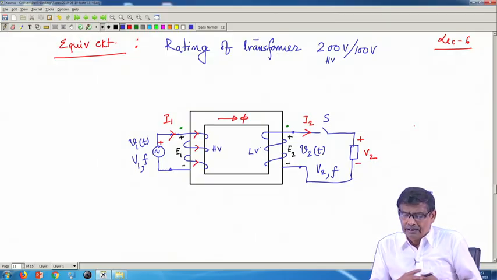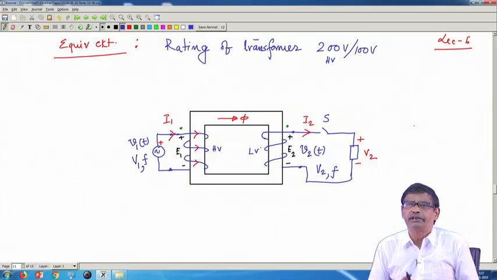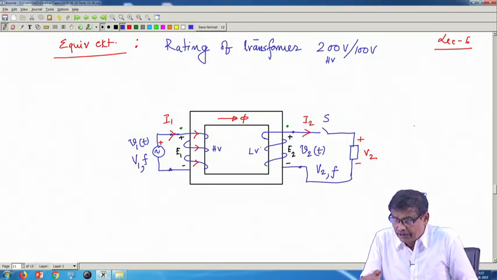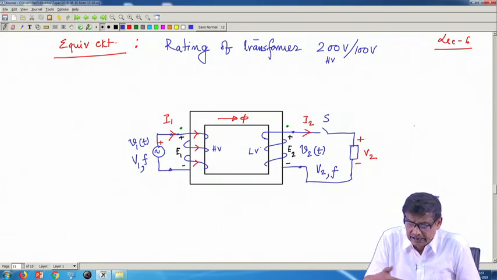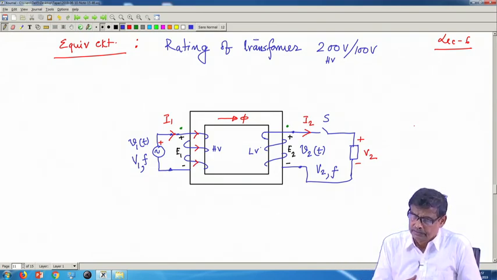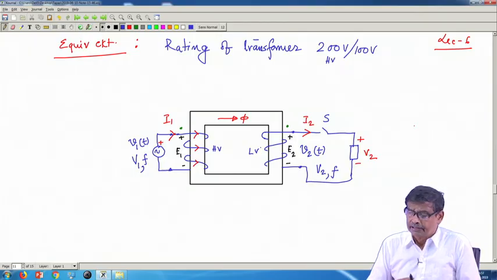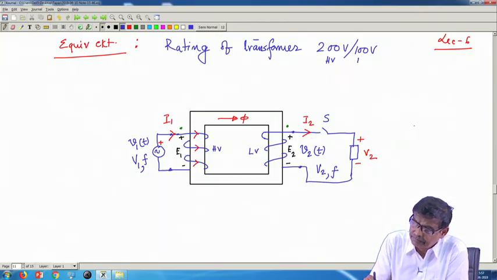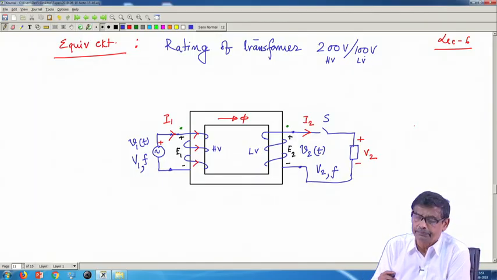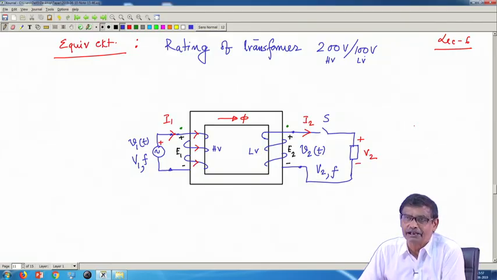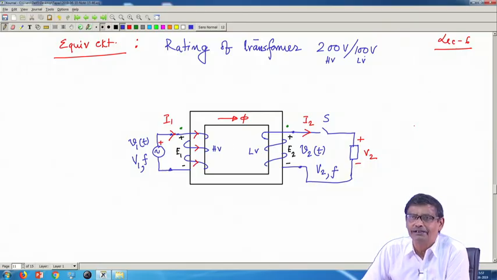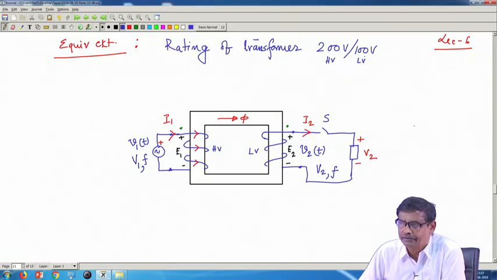No point in fixing either as primary, only when the LV is used as primary you should apply 100 volt and then you will get 200 volt there, and vice versa. Therefore, it is sometimes more scientific to describe a transformer in terms of HV, LV rather than primary, secondary. The user will decide which one becomes the primary and which the secondary.